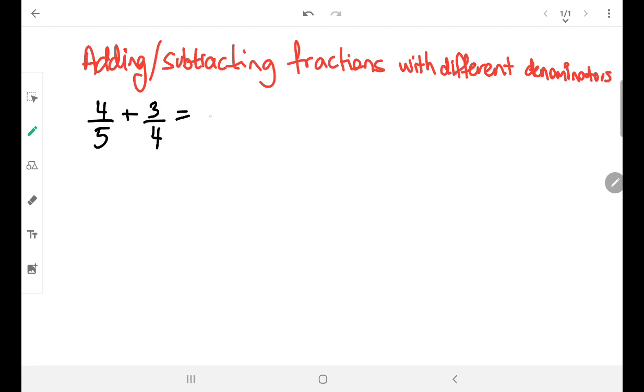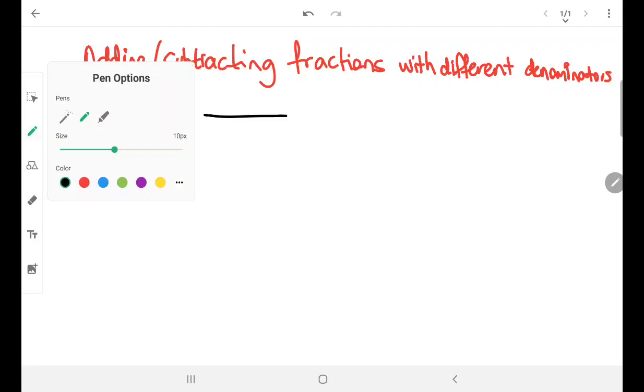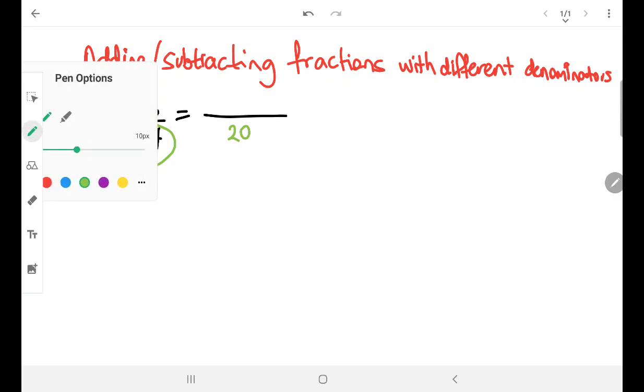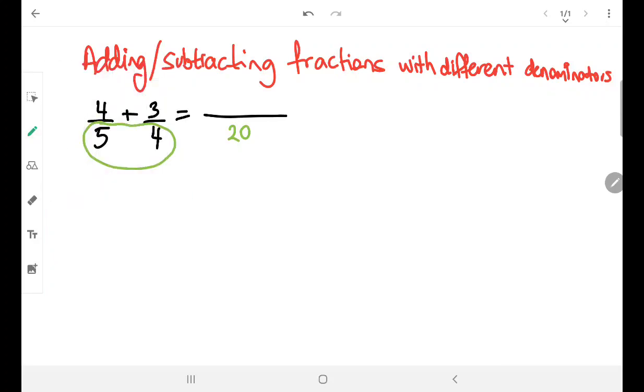So I guess the simplest way you can probably do this is multiply the bottom numbers by each other. So 5 times 4 is equal to 20. So that's our first step. And our second step you can do is multiply 4 by 4.